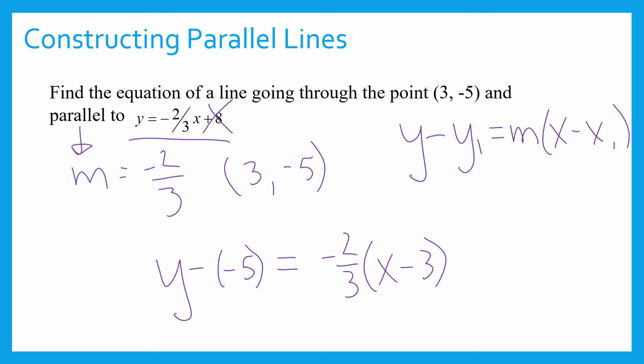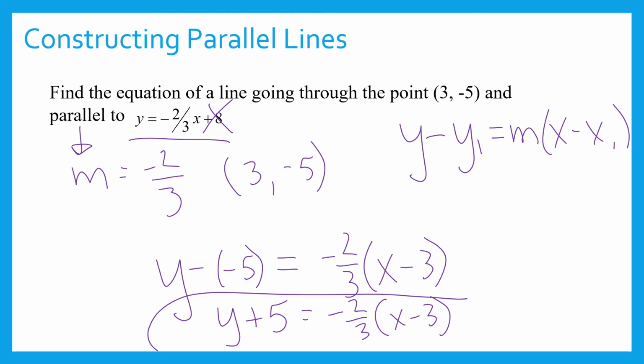And now I need to simplify, so my final equation is y plus 5 equals -2/3 times x minus 3. And there is the equation of that line. That's a different equation, but it is parallel to that y equals -2/3 x plus 8.